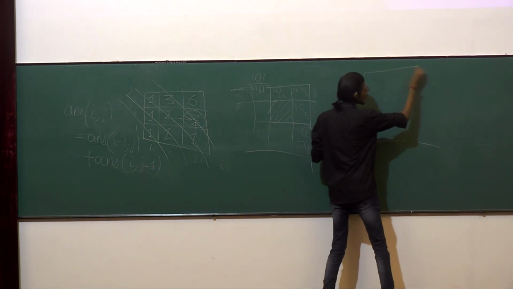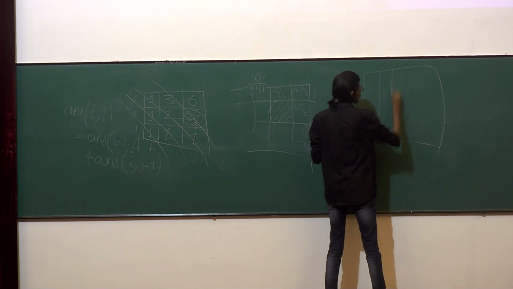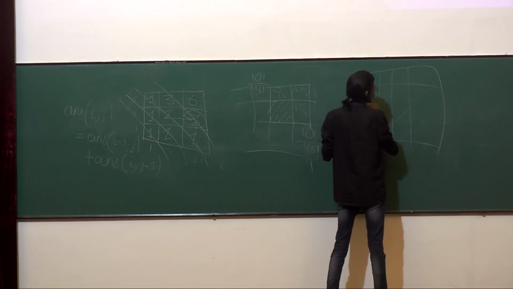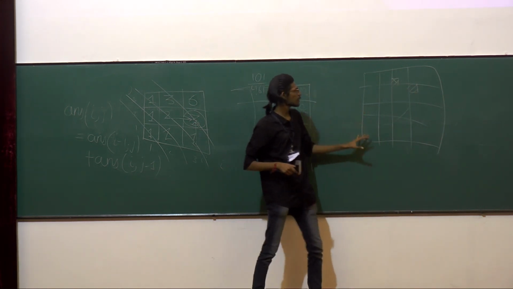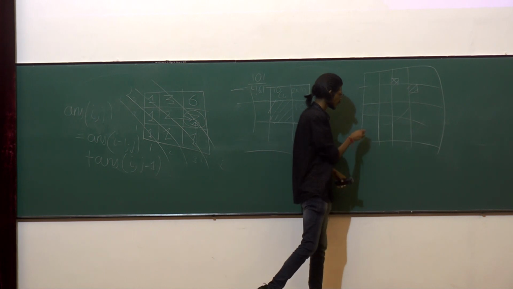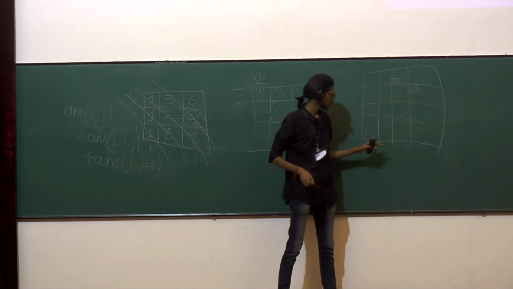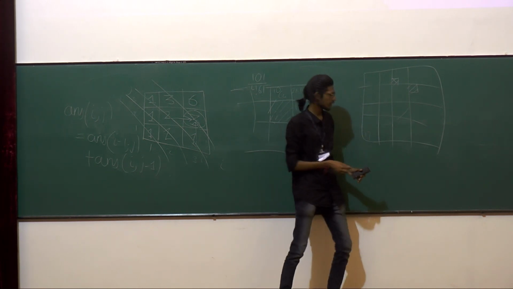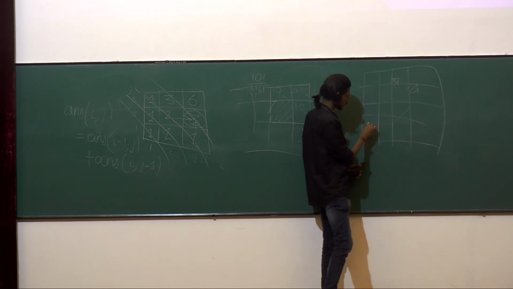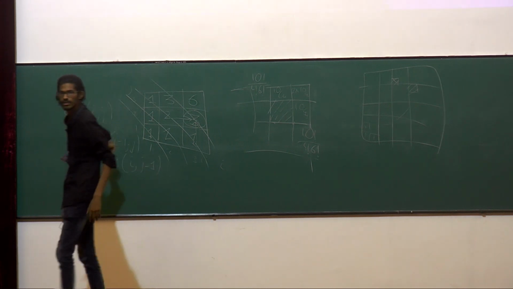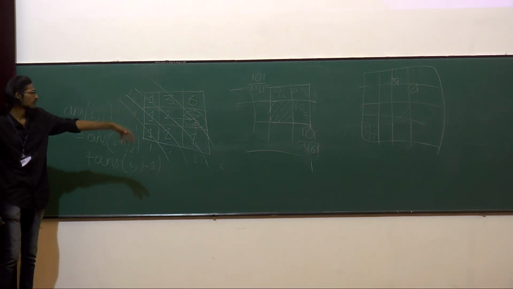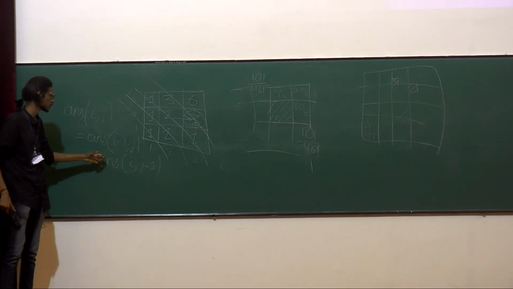So I give you another grid with some random black patches here and there. You start with a 1 over here, and then you just keep filling that rectangle using this rule.